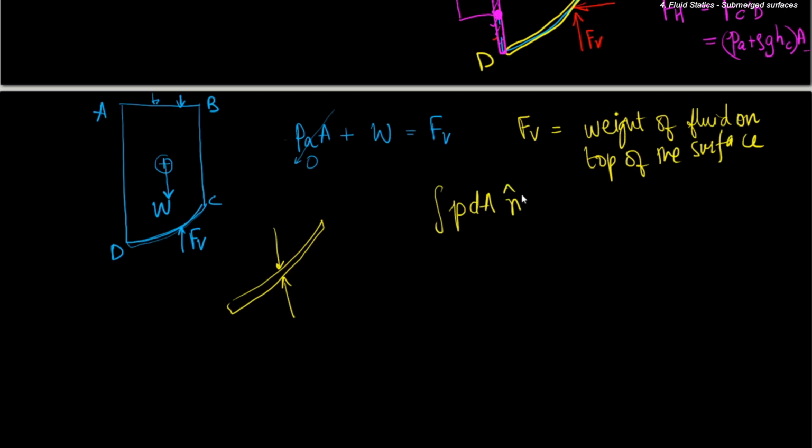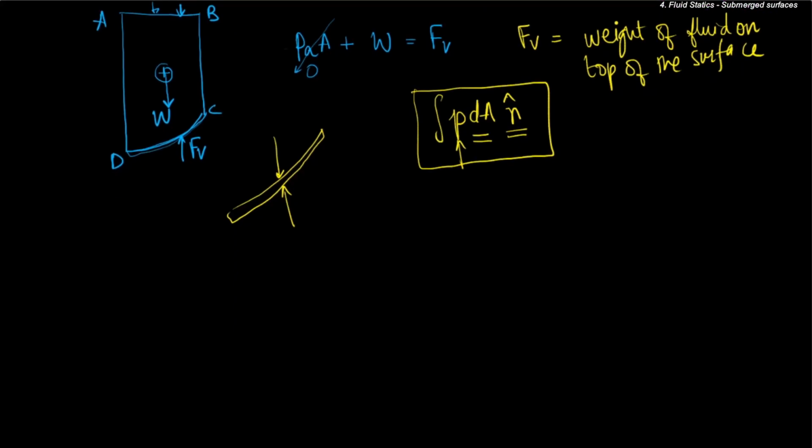That complicated integral involves the moving normal, parameterized area, and pressure which changes with depth. So instead of doing that complicated integral, we can simply make a control volume of the fluid subtended by the curved surface, and with the help of that we are able to find out the forces.